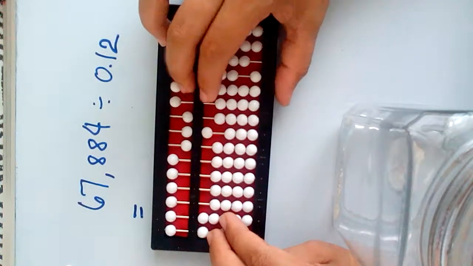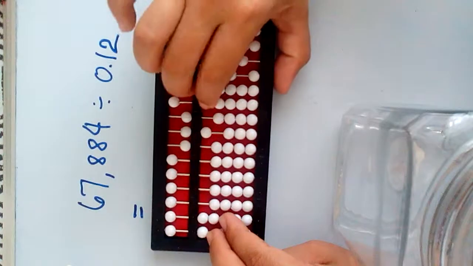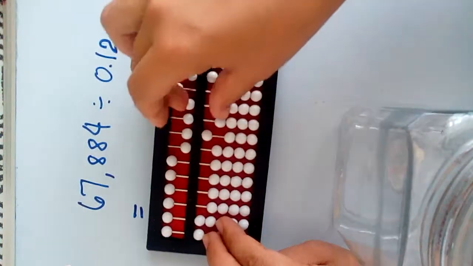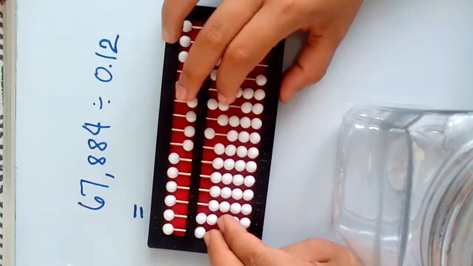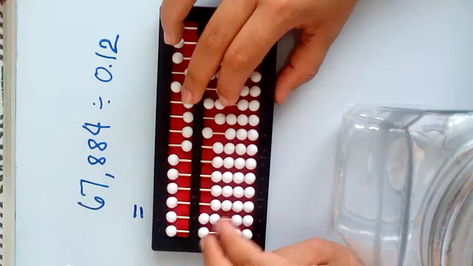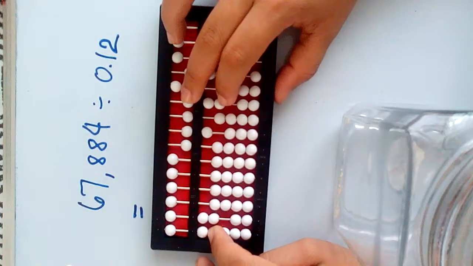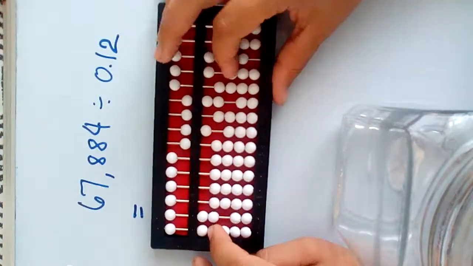Same as before, skip a rod from the dividend going to the left and set 7. After setting the quotient, multiply by the divisor again 1 by 1. 7 times 1 equals 07. So clear 7 in the dividend on the right.